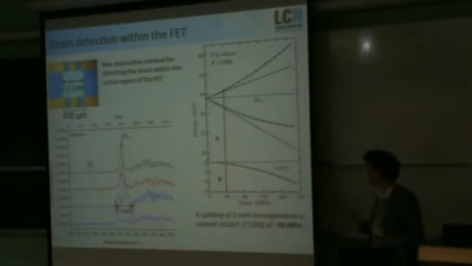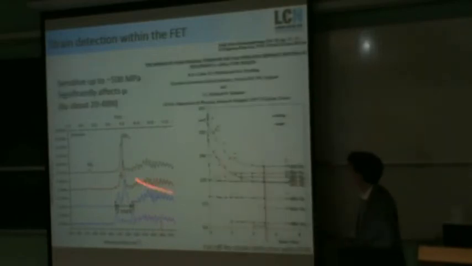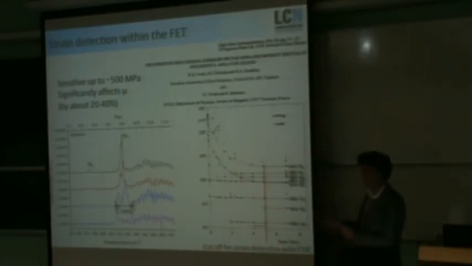So it's a moderate strain, but there's no reason why you can't use this technique to observe a much larger strain. This was explored by someone else much longer ago. But the fact is that once you get past a certain amount of strain, then you no longer perturb these excited states.